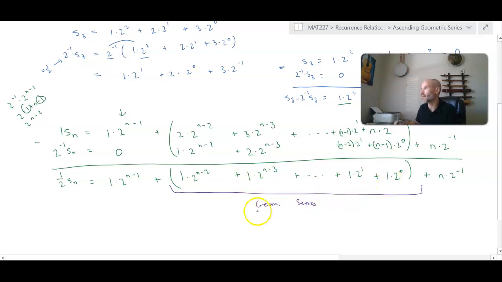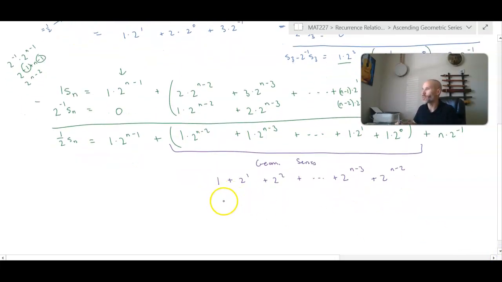And if I rewrite that, doing the last term first, it's 1 plus 2 to the first plus 2 squared plus dot dot dot plus 2 to the n minus 3 plus 2 to the n minus 2. That'll be the largest power.